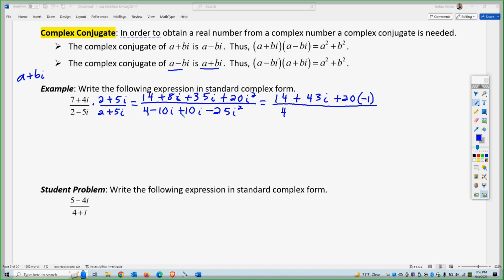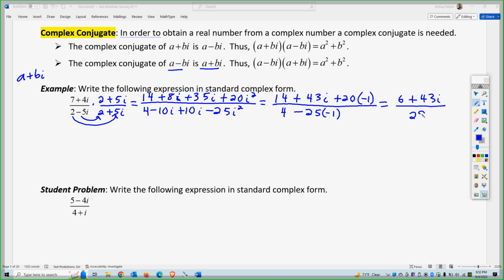Because here it's minus 10i and here's plus 10i. So I have minus 25 times negative 1. We can go one step further. So the 20 is really negative on top. So what I'm really going to get is negative 6 plus 43i. And then on the bottom, we're going to get 29.